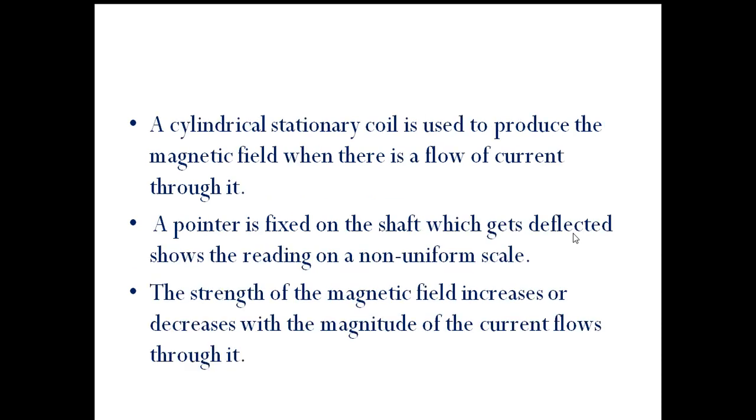A cylindrical stationary coil is used to produce the magnetic field when current flows through it. A pointer is fixed on the shaft, which gets deflected and shows the reading on a non-uniform scale. The strength of the magnetic field increases or decreases with the magnitude of the current flowing through it.